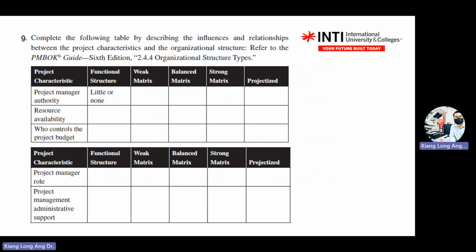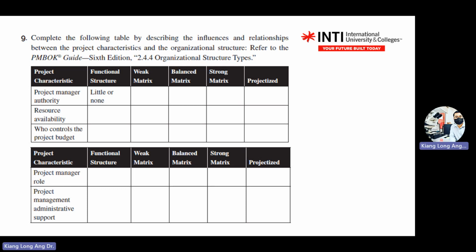Okay, number 9. We go through 2 more, then we have a short break. Complete the following tables describing the influence relationship between project characteristics and organization structure. Refer to this one. I already uploaded this PMBOK Guide 6th edition in the Canvas. So if you are not aware, it's already inside the Canvas.